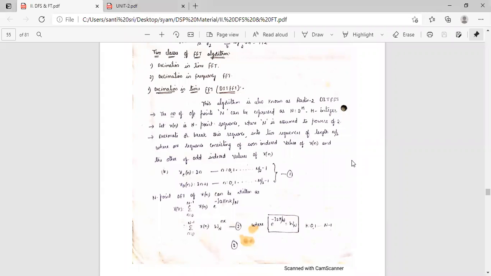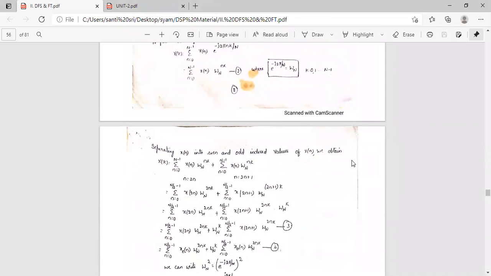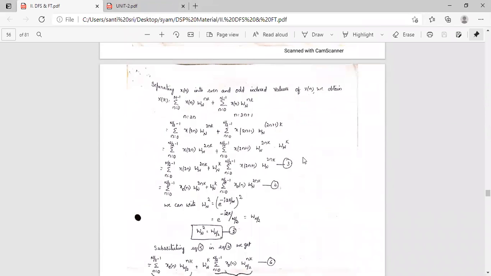Here we are writing this X of k as a combination of even indexed values and odd indexed values. Separating x of n into even and odd indexed values, we obtain X of k equal to sigma over even n of x of n into W N power nk plus sigma over odd n of x of n into W N power nk.